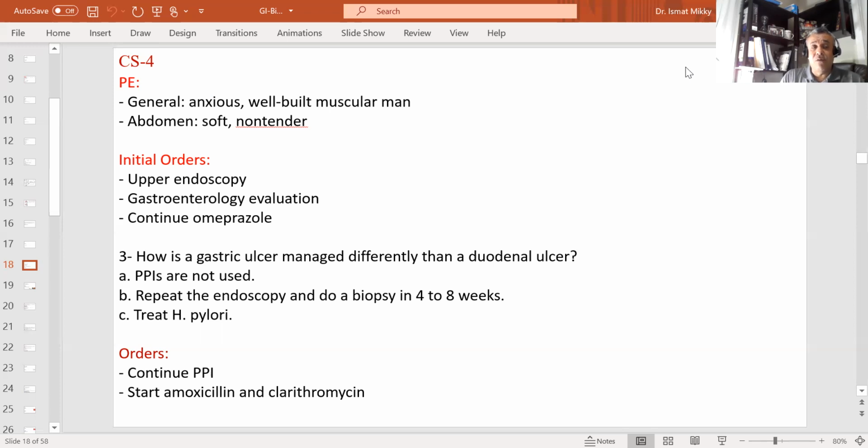There is a 4% correlation between cancer and gastric ulcer, so gastric ulcer can account for about 4% as a risk factor that would lead to gastric cancer. The duodenal ulcer, 0%. There is no association, no correlation.